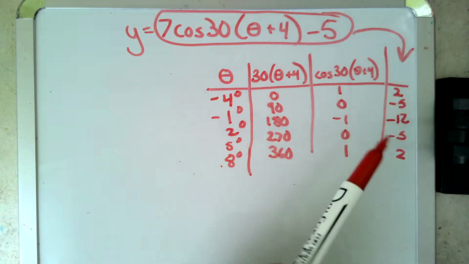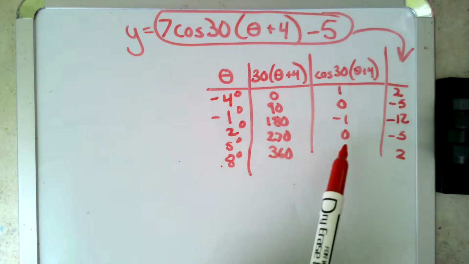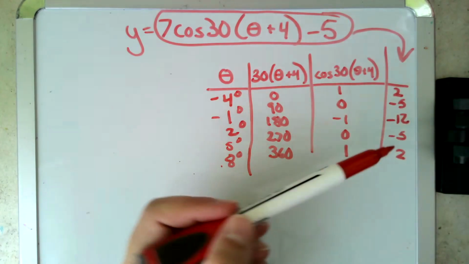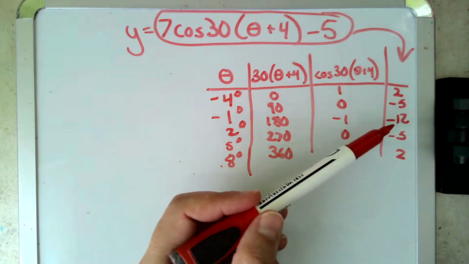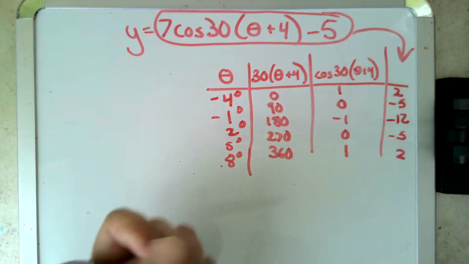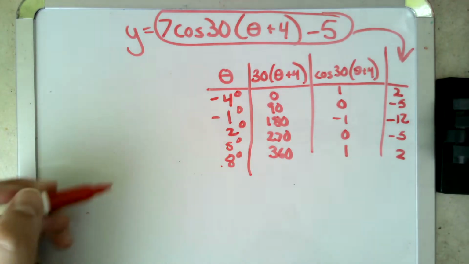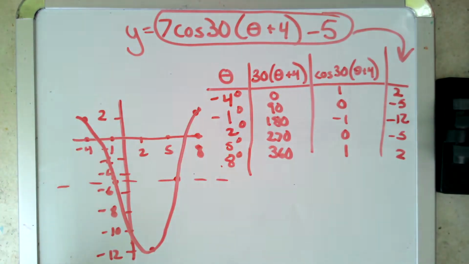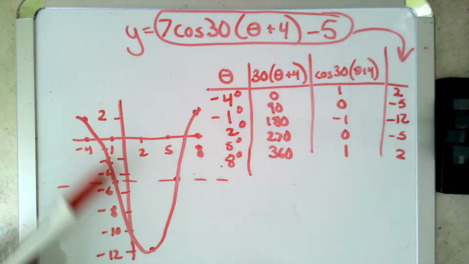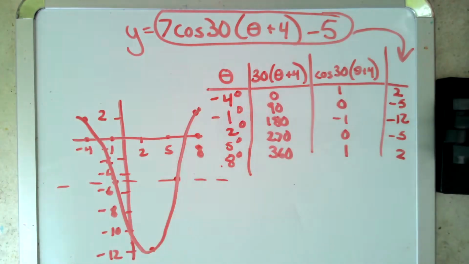And so again, we can see our axis of symmetry, right? The 0 line is -5, and down 7 from it gets us to -12, and up 7 from it gets us to 2. So we can see that we're doing everything right. And now we can finally graph it. And there is my cosine graph from high to low, back to high, translated like this.